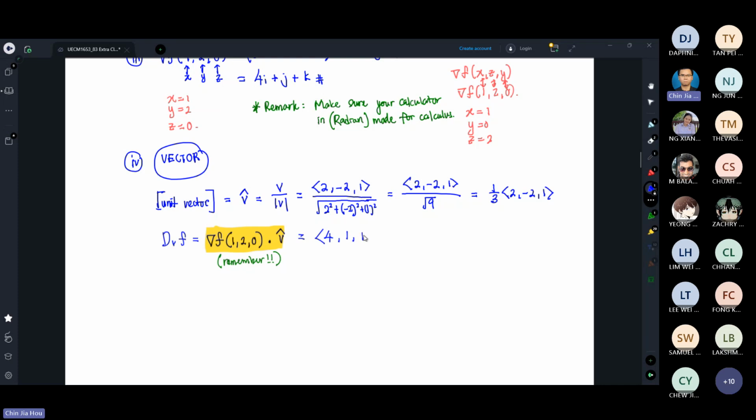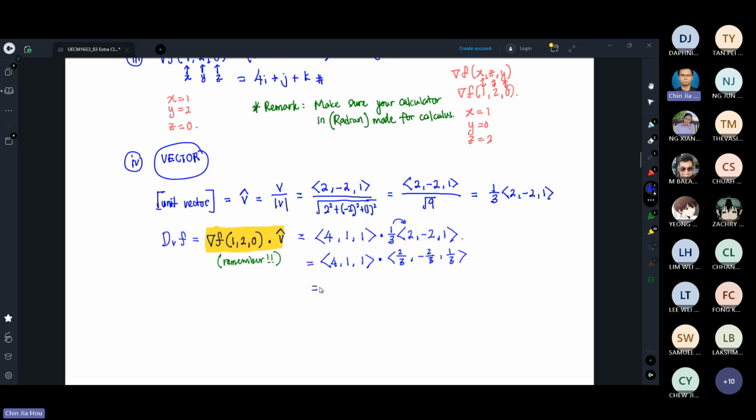Much easier for me to see. Dot with 1/3 of 2, -2, 1. Now let me do it the step-by-step way. 4, 1, 1. Now I multiply it into the vector. I get 2/3, -2/3, 1/3.